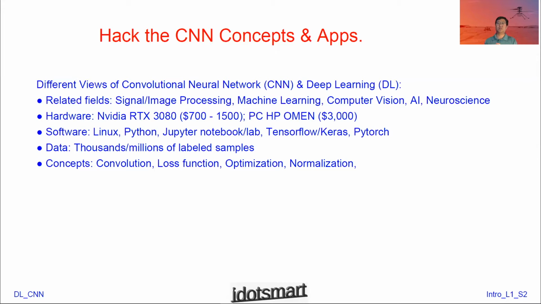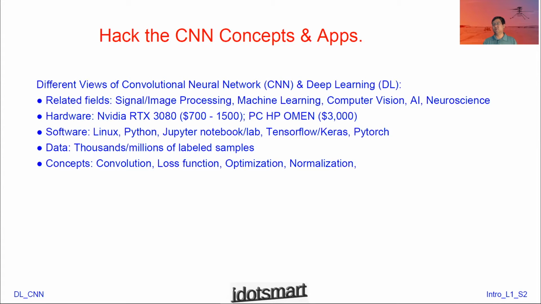We need some hardware and software if we want to do experiments or labs. The NVIDIA RTX 3080 is a popular, affordable GPU board. However, it's hard to acquire right now. For software, we typically use the Linux operating system and Python programming.